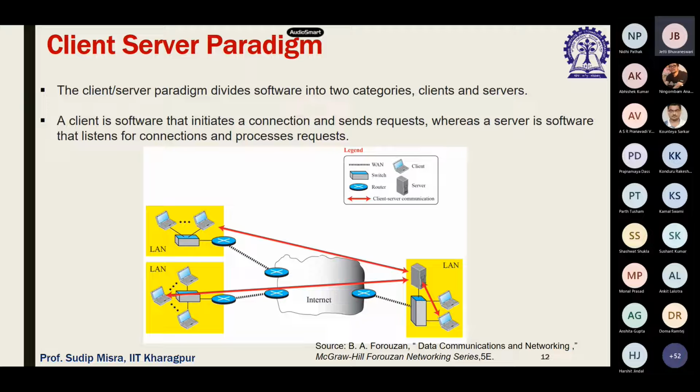So in the client server model, as the name suggests, there is some server which serves different clients. The client sends certain requests to the server, and the server processes the request and sends back the response to the client.